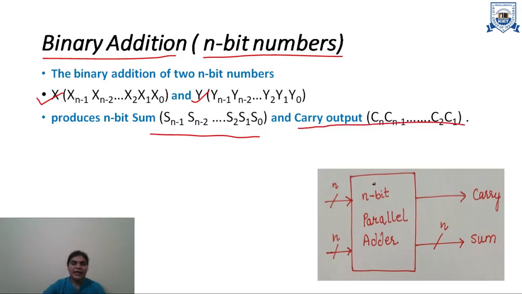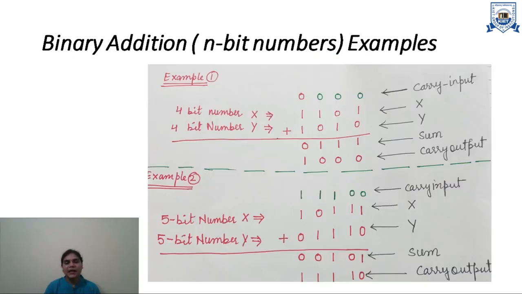For designing a binary parallel adder, we expect that the adder will take n bits of the first number, n bits of the second number, and then produce the sum of n bits and the final carry. Let's have examples of binary addition of two n-bit numbers.